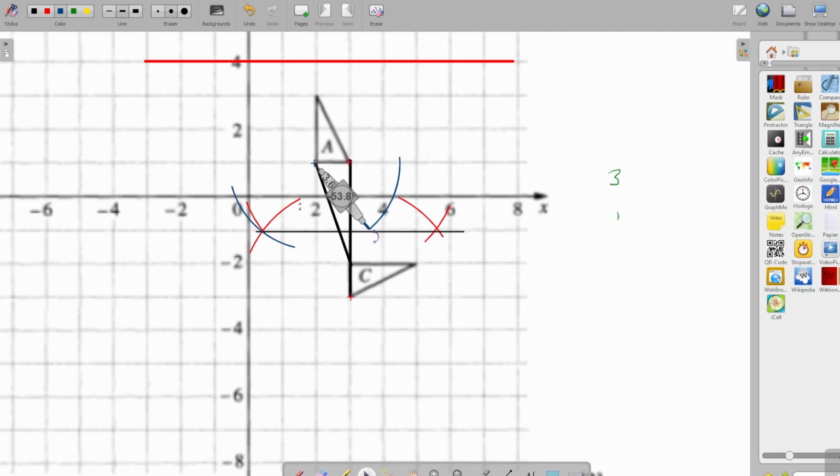I want to extend it a bit just so they meet, and then do the same by coming to C and make an indicator here and right here. And let's connect both of those with a black line as well.